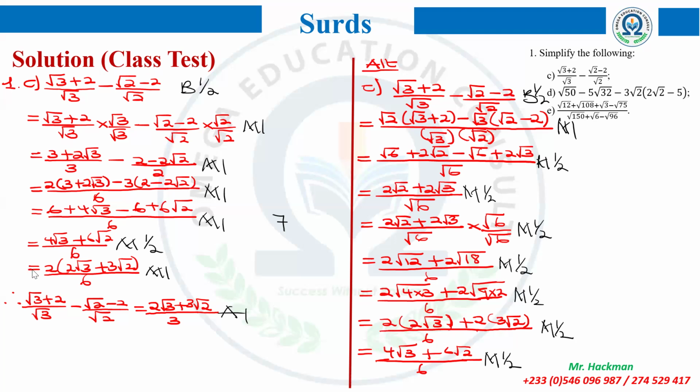So you factor out 2. 2 comes out of this and you'll be left with 2 roots of 3. 2 comes out of this and you'll be left with 3 roots of 2, all over 6. Now 2 can go into 6, 3 times. So in effect, we are going to get 2 roots of 3 plus 3 roots of 2 all over 3. That gives you your final answer here.